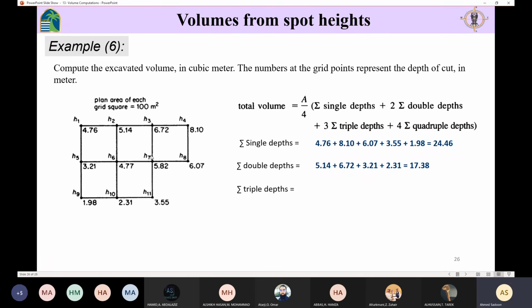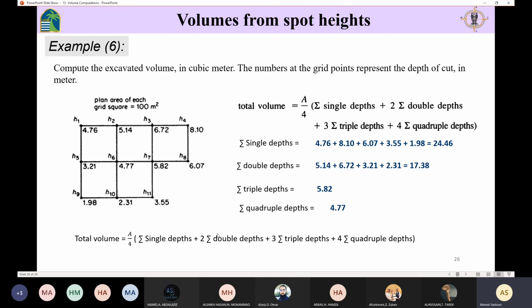Regarding the triple depths, I have H7, this one. I have only one. And finally, I need to look for the quadruple depths. I have only this one here. Then after I identify all of this, I will be in a position to use the formula. Just plug in the numbers, and here we are going to have the total volume.